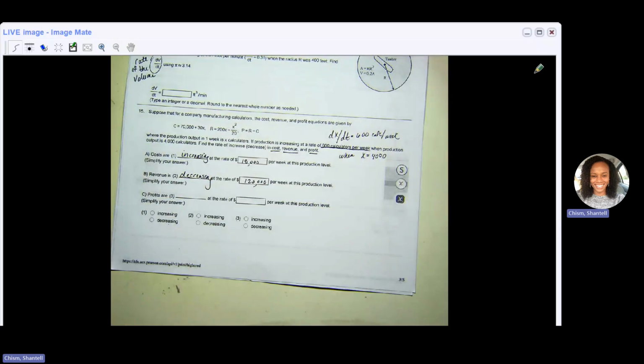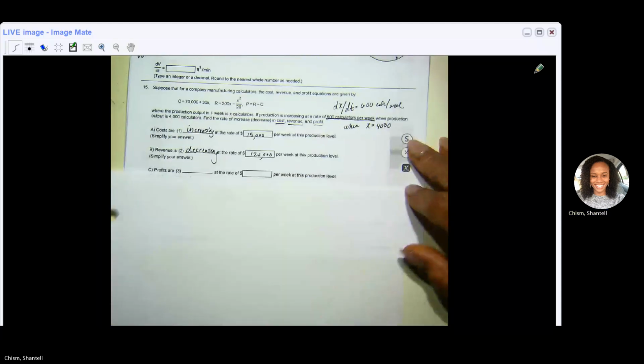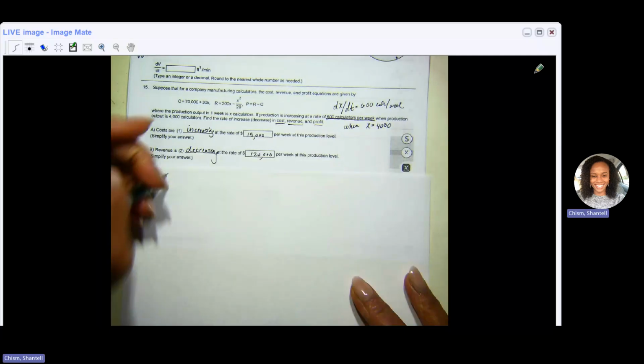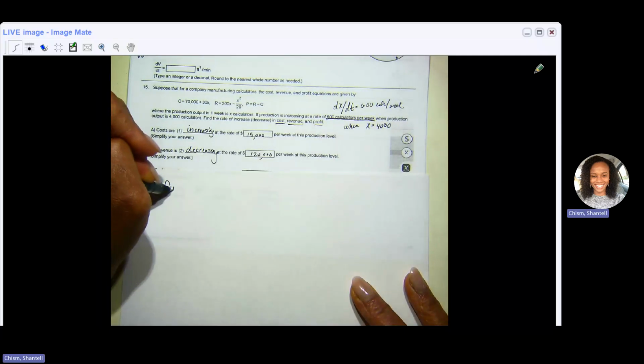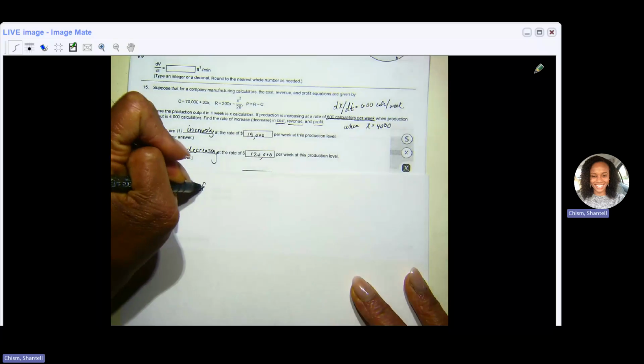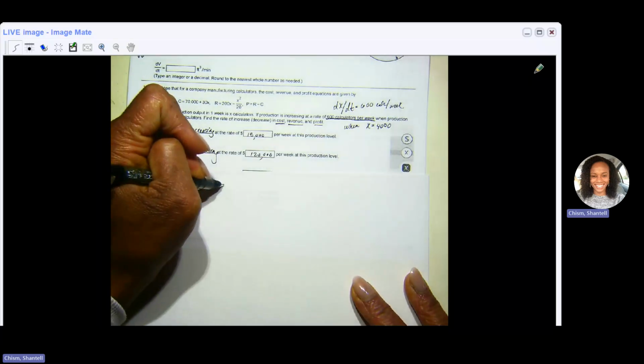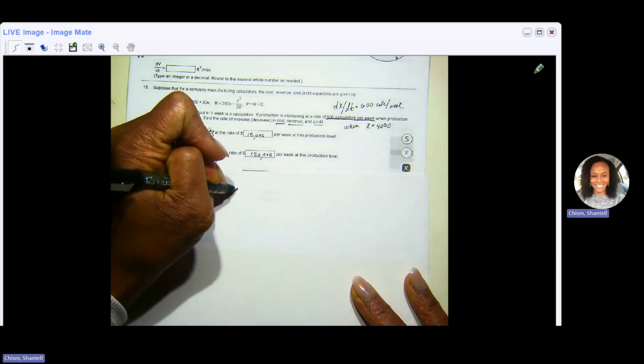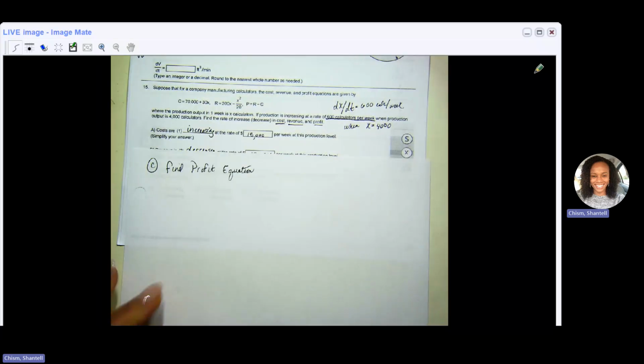Okay? All right. There's one more part here, part C. Part C, we want to find the rate at which the profits are either increasing or decreasing. So, of course, we got to get a profit equation. So the first thing I'm going to do is write the profit equation, or function, whatever you want to call it.